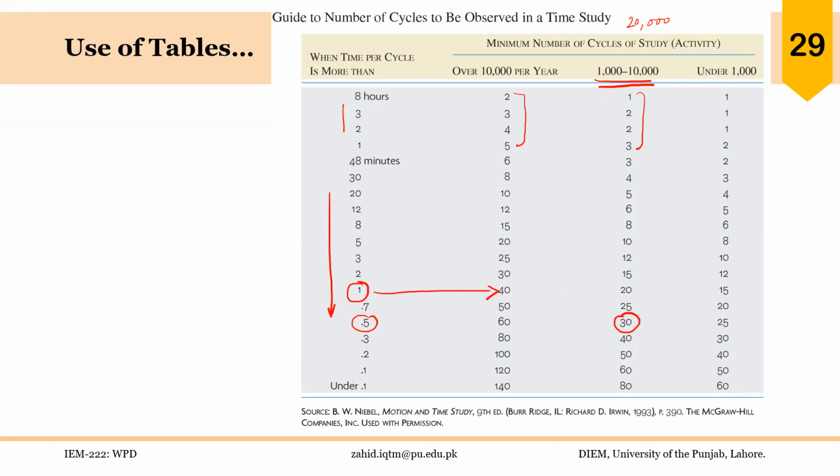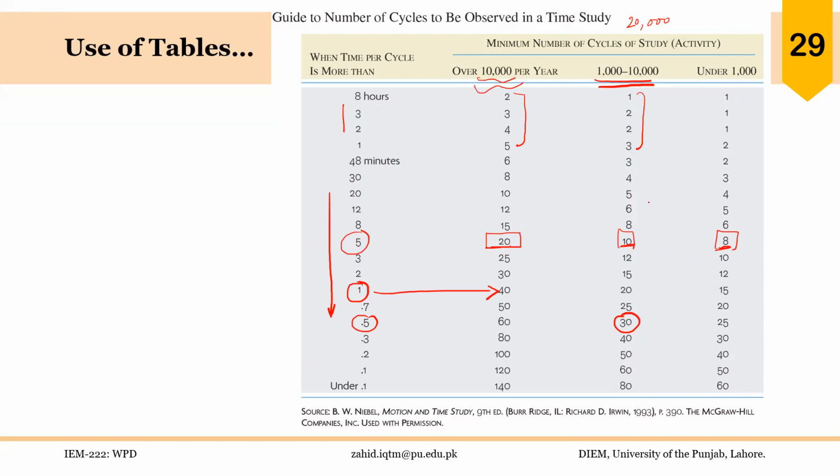Secondly, you could observe that for the same average cycle time, N will be large if the frequency is large, and N will be small if the frequency is small. So if the average cycle time is, say, 5 minutes, but the frequency is 20,000, then you will need N of 20. But if the frequency is smaller, say 2,000, then N will be 10. And for, say, 500, the N will be 8.